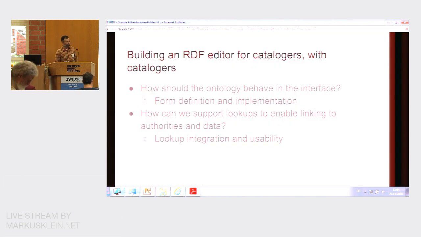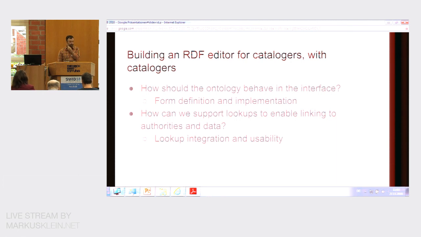So the general problem or set of questions that we're trying to answer here are around, once we have a model, how do we meaningfully allow for applications that the catalogers can interact with naturally and that meet their expectations? By this, we're mostly considering form definitions and the implementation of those forms.